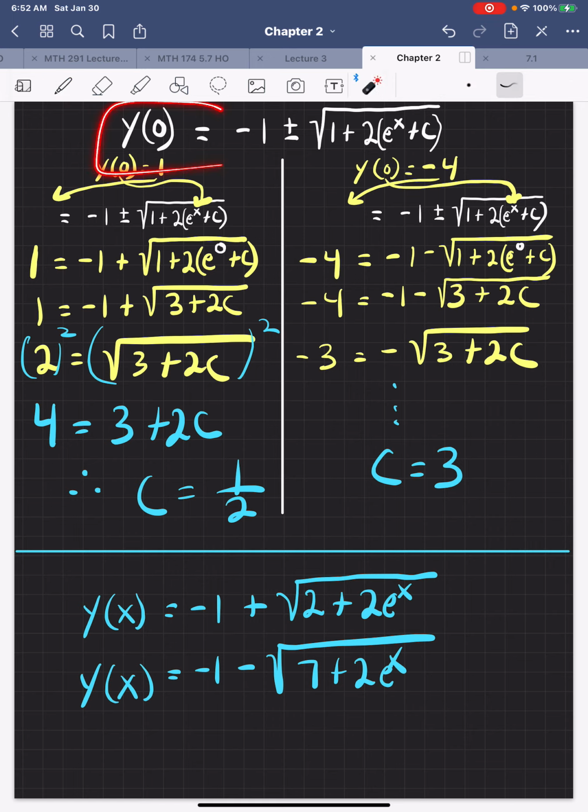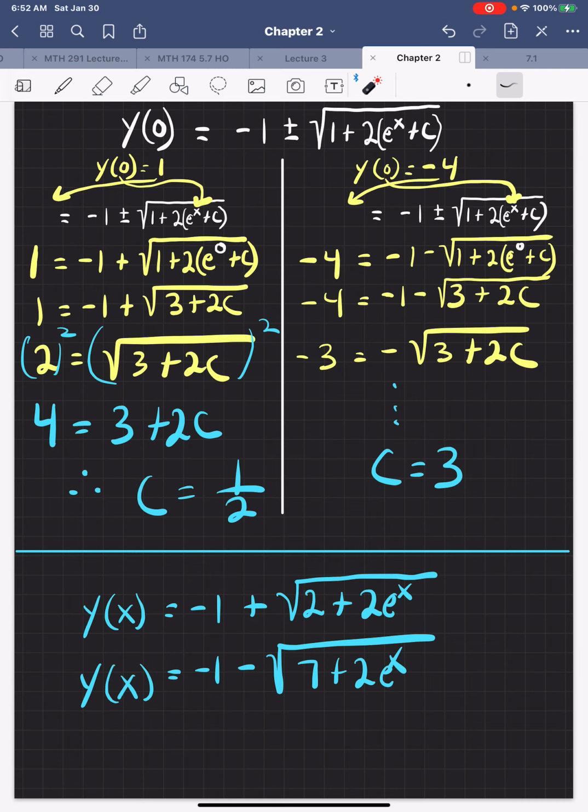If you go back up here, you are in essence plugging in 1/2 for c, and then just simplifying. Or plugging 3 in for c. Again, you'd have to simplify that out a little bit, and there you have it. So these are the two solutions to that initial value problem.